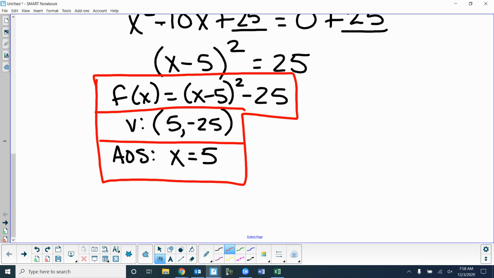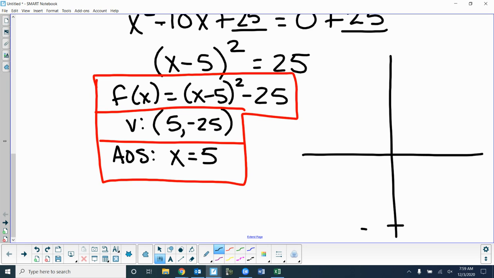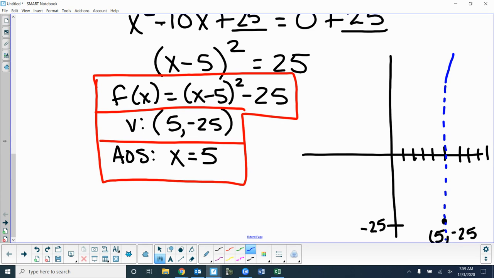And then I go ahead and graph it. Okay? So I got my y-axis, my x-axis. This is way down, so I'm just going to say this is negative 25 here. So right here is my vertex. That's my axis of symmetry.